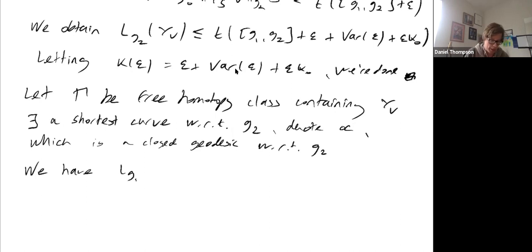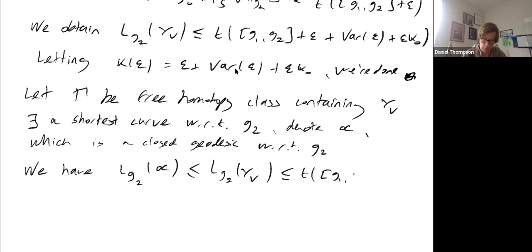So the G2 length of alpha, that's my closed guy in the homotopy class, is upper bounded by the G2 length of gamma V, which is just some closed curve in that homotopy class. And that's the thing that we just bounded.